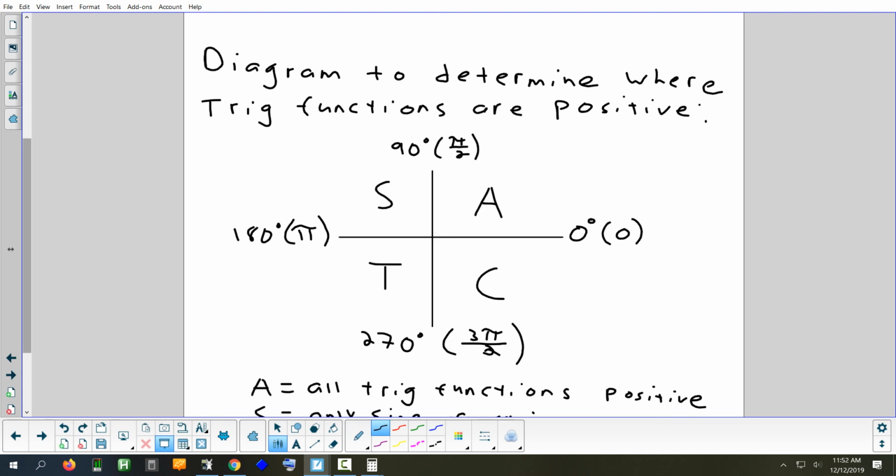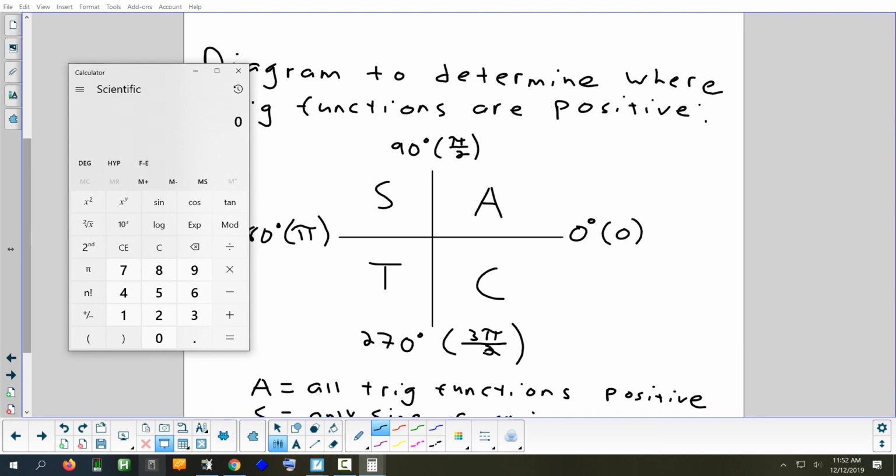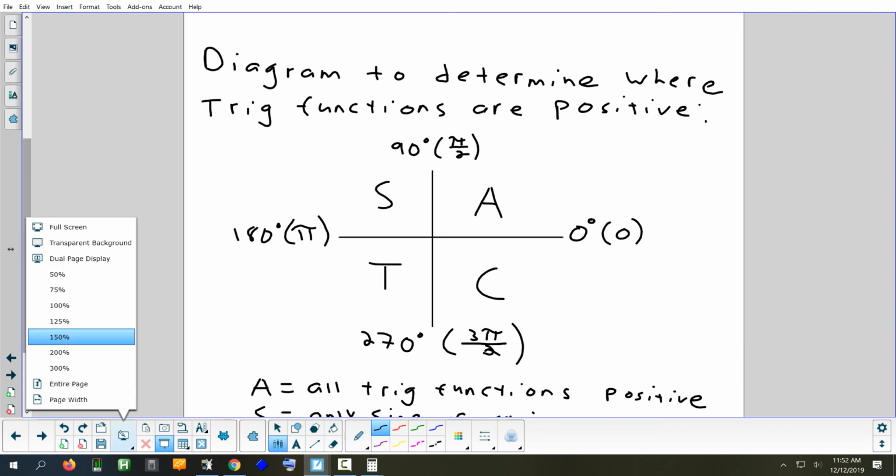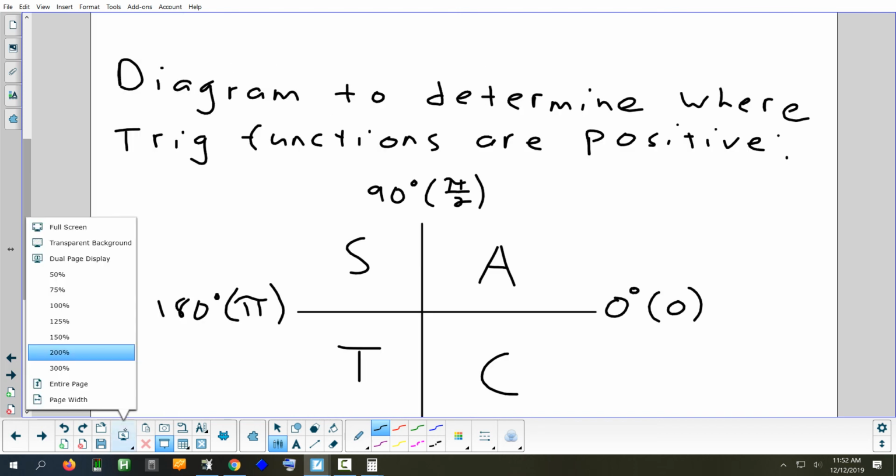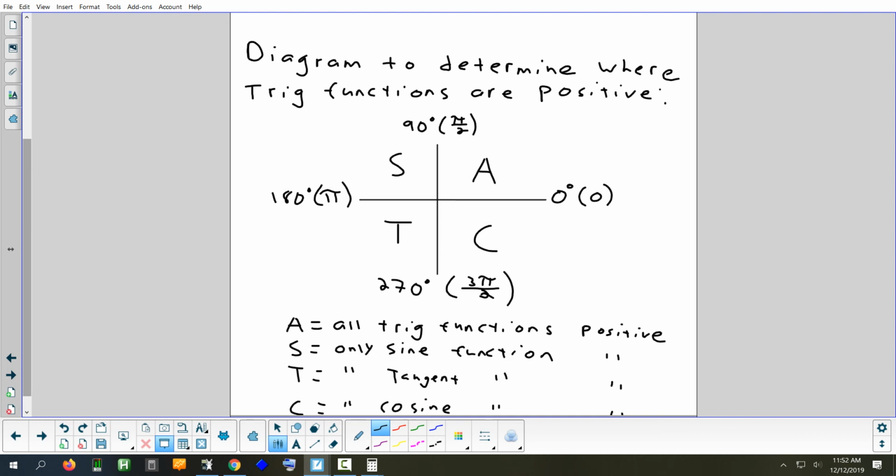In quadrant 1, all of the trig functions come out positive. So, if you gave me any angle between 0 and 90 degrees, I could tell you right away that the sine, the cosine, and the tangent of those angles would all be positive.